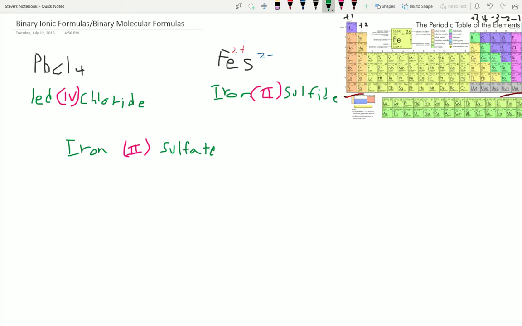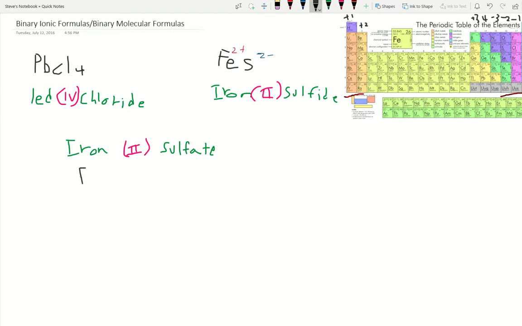As you can see, it doesn't end in IDE, it ends in ATE. This is because sulfate is a polyatomic ion. So when writing this out, we must take the symbols.